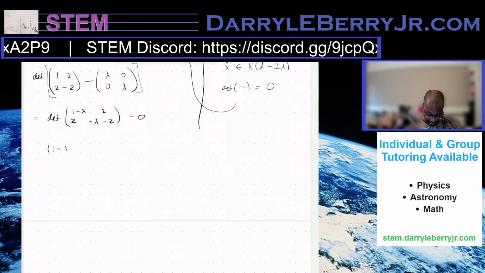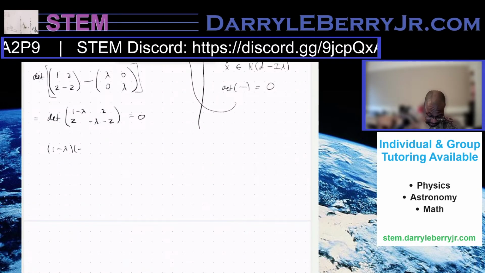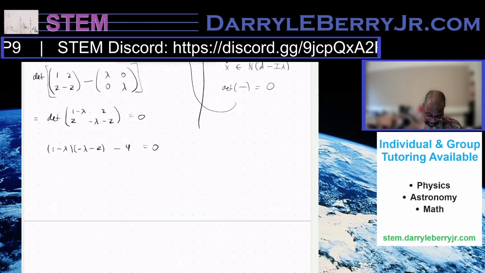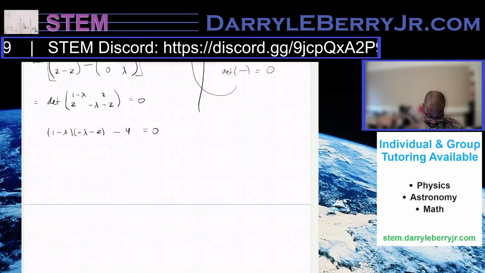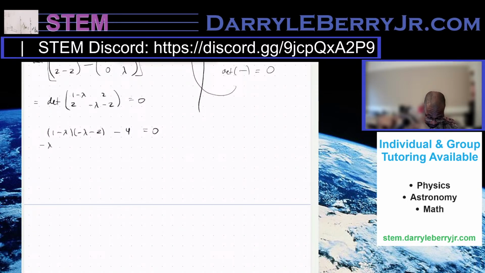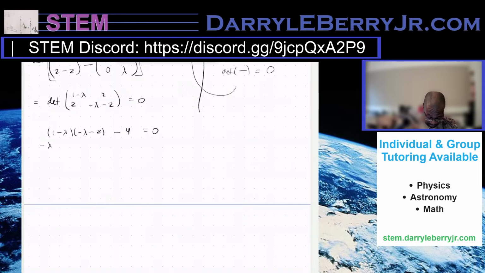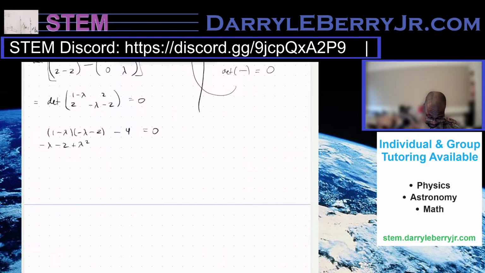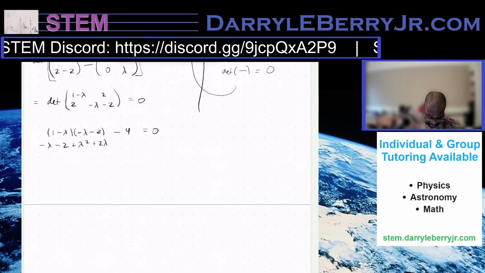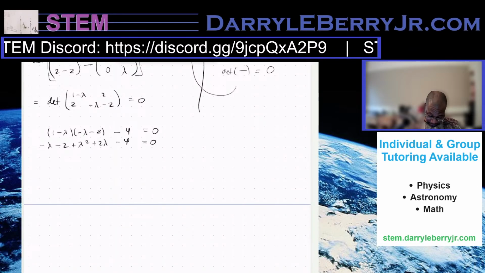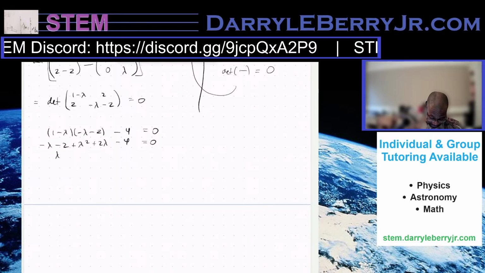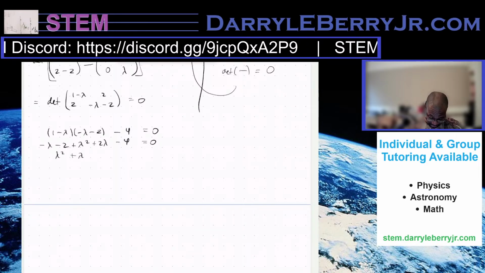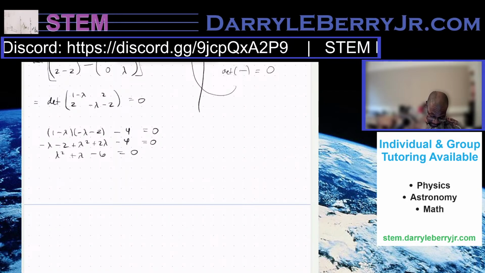So we have (1 minus lambda)(negative lambda minus 2) minus 4 equals 0. So negative lambda minus 2 plus lambda squared plus 2 lambda minus 4 equals 0. So lambda squared plus lambda minus 6 equals 0.